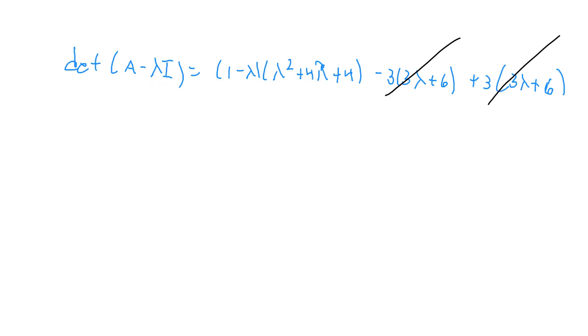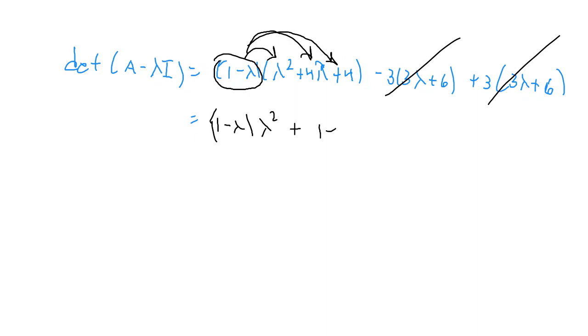Okay, so now what we have to do is distribute the 1 minus lambda to the lambda squared, the 4 lambda, and the 4. So that's going to be 1 minus lambda times lambda squared plus 1 minus lambda times 4 lambda plus 1 minus lambda times 4.